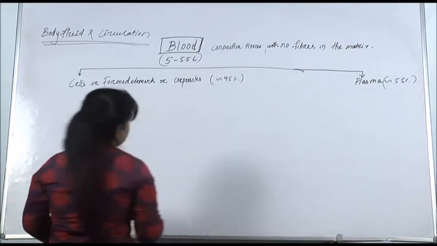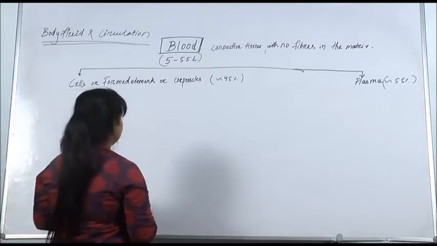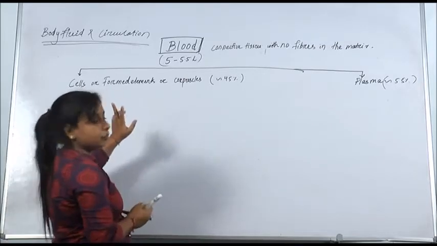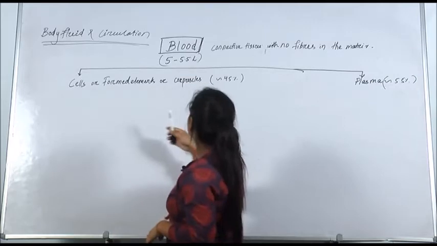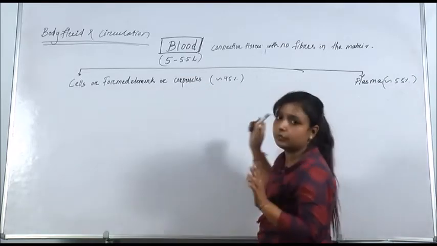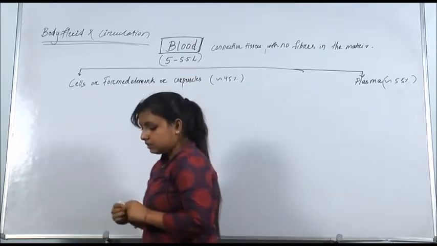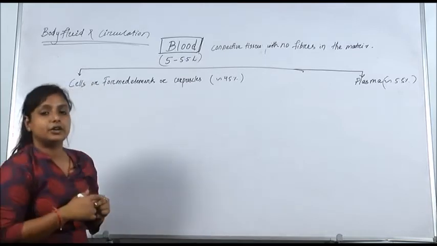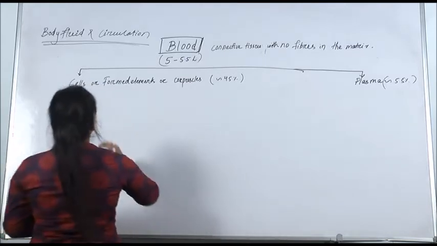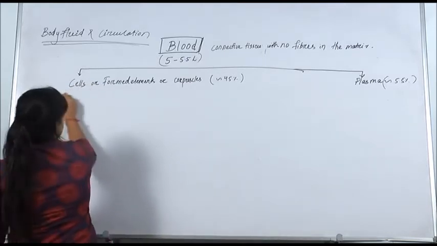Blood mainly consists of two parts. One is the cells or the formed elements and the other is the plasma or the liquid part. There are three different major kinds of cells present inside the blood. What are the three types of cells?